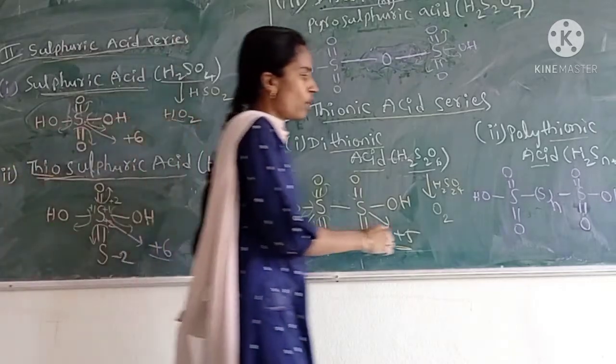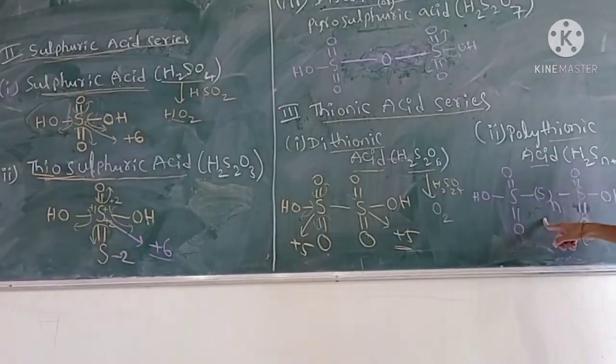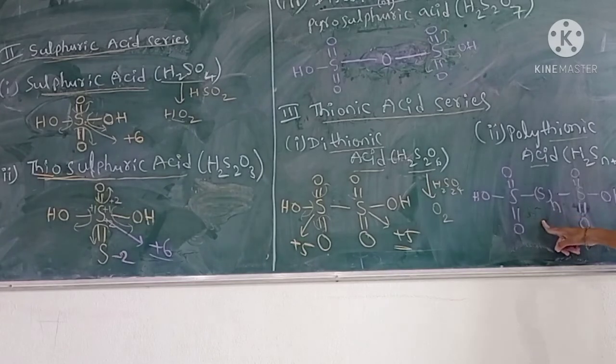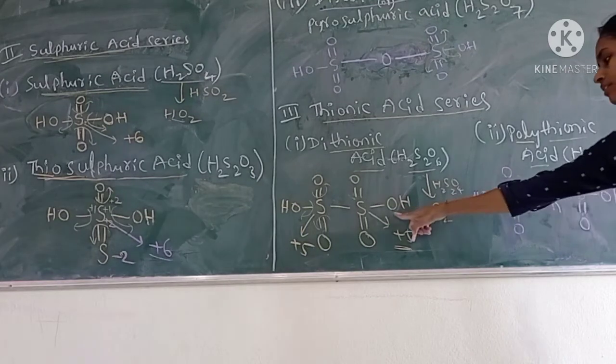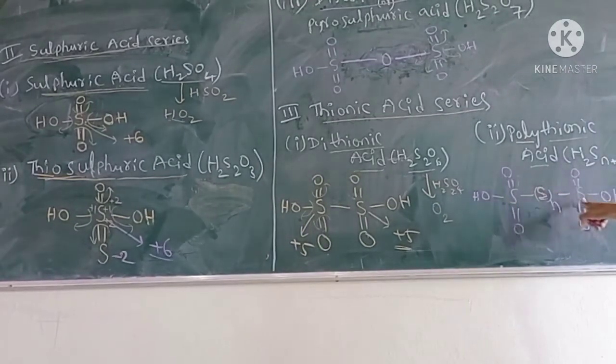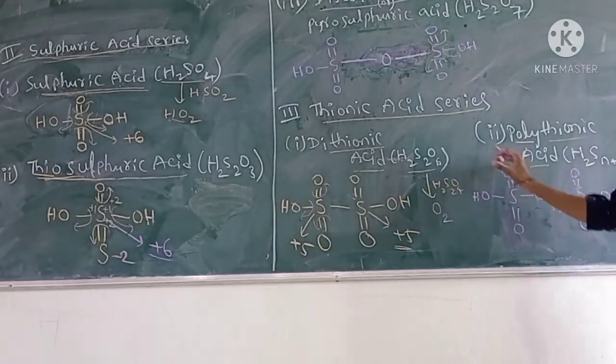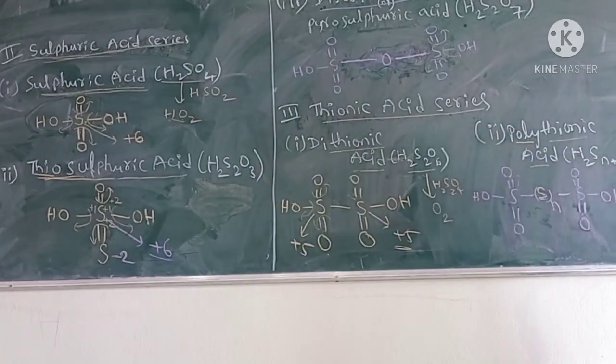Then polythionic acid. This is the structure of polythionic acid. Here there are so many sulfurs, that's why it is called polythionic acid. And here this sulfur is the same, +5 oxidation state. So this is the third series, the thionic acid series.